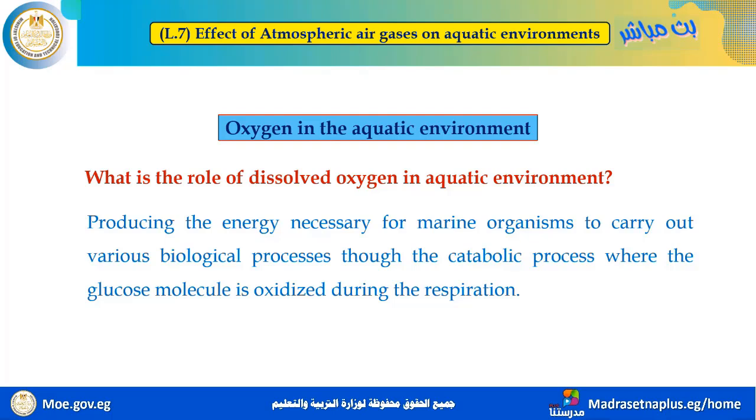So this is a very important role for the oxygen in the aquatic environment. And we mentioned before the meaning of catabolic process. So the glucose molecule is oxidized during the respiration process to release the energy.